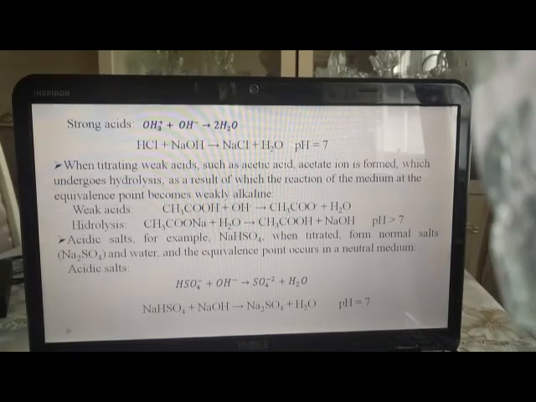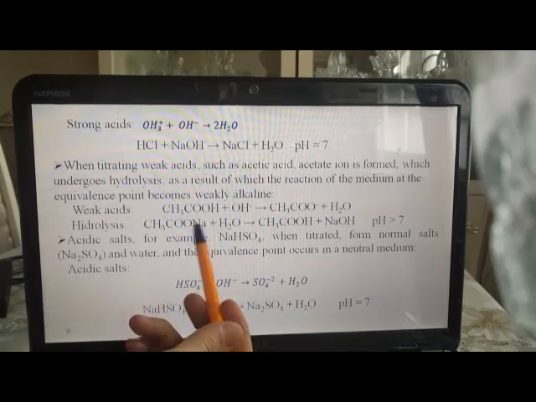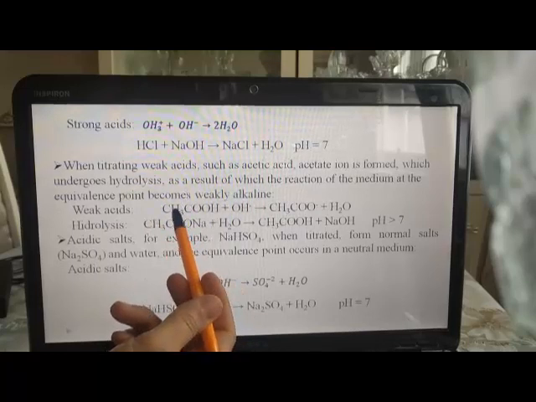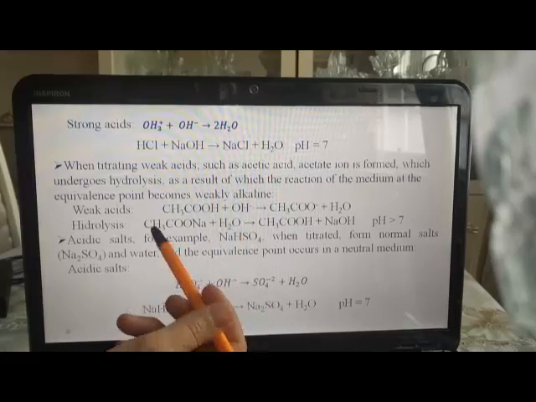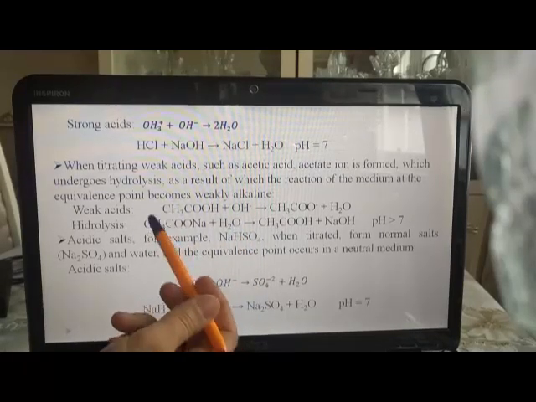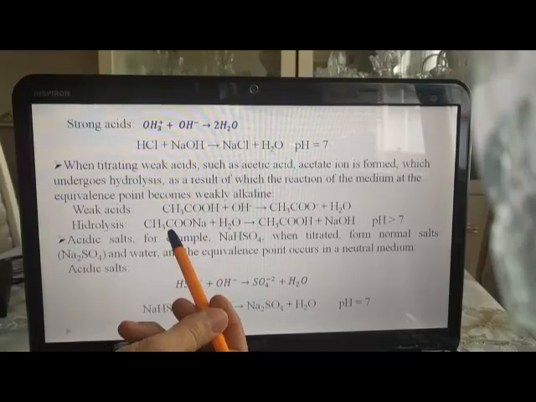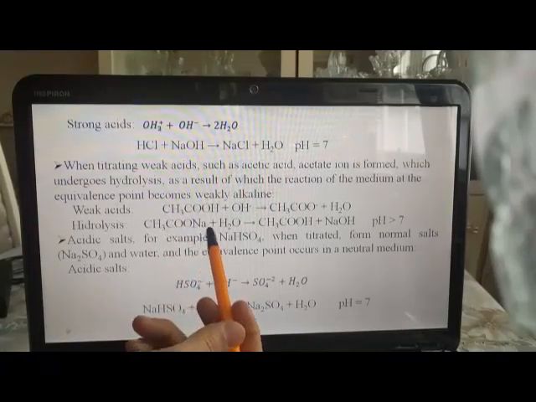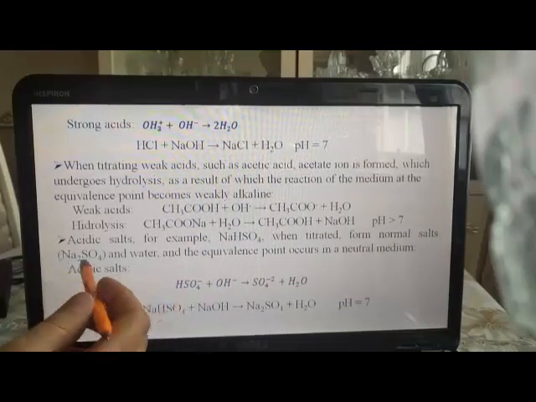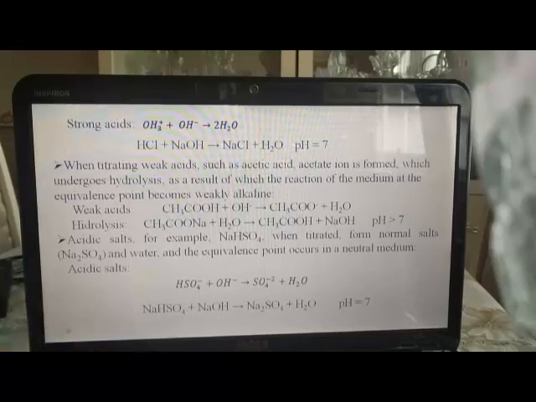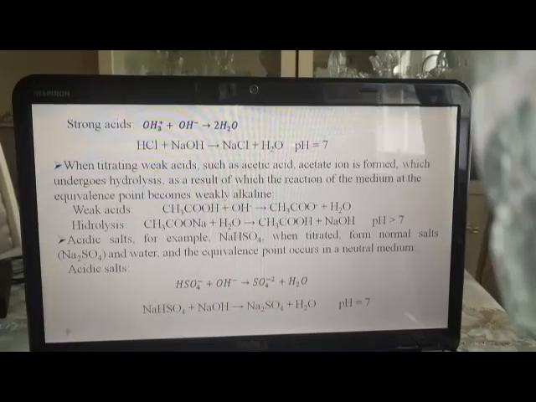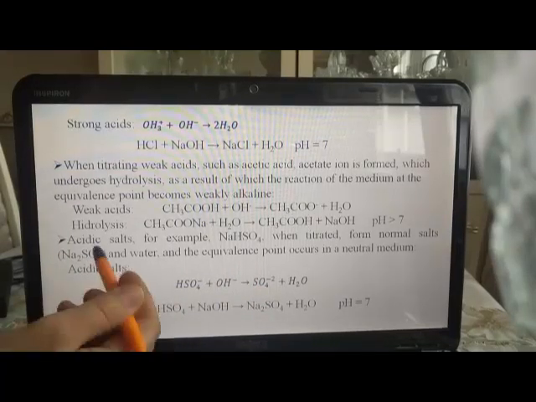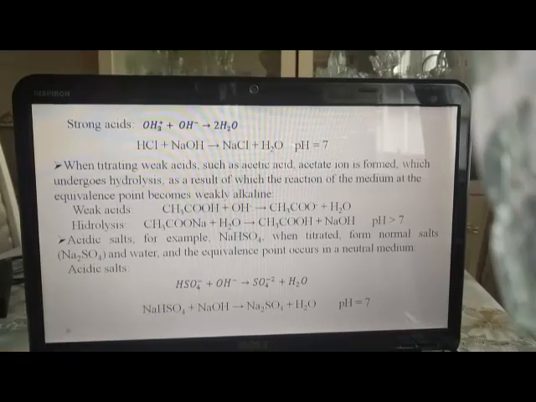Weak acids, for example, titration of the weak acetic acid with a strong base, sodium hydroxide: hydrolysis of the salt which is formed from the weak acid and strong base, in this case the pH of the medium is more than 7.